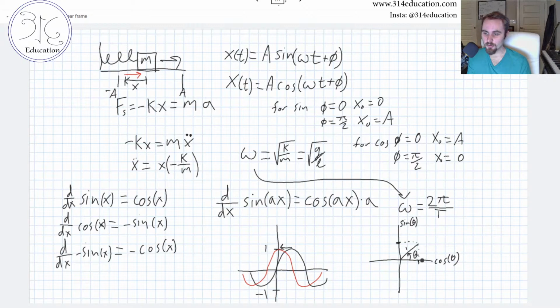And so as we go through our thetas here, we can complete a full circle. That would be 2 pi radians. And when we complete 2 pi radians, the circle resets. That's the same thing of our wave coming back up to a spot that it originally was at.